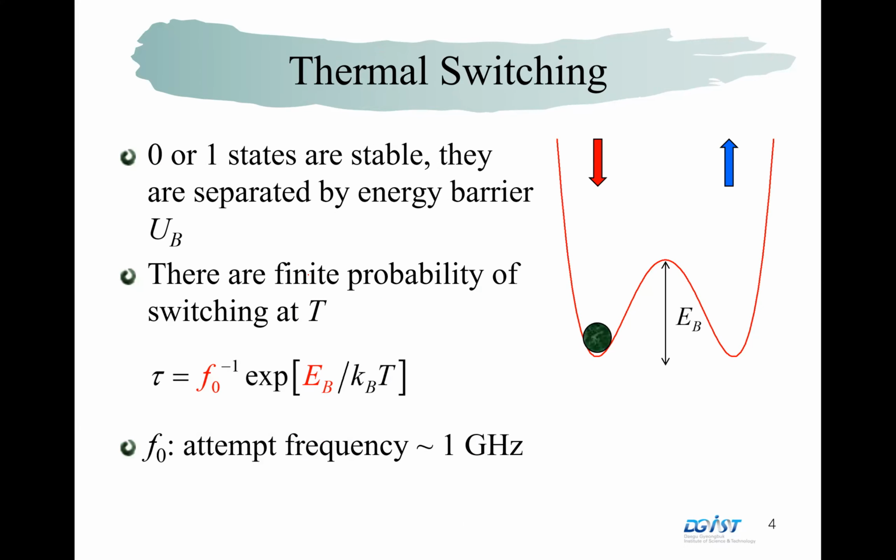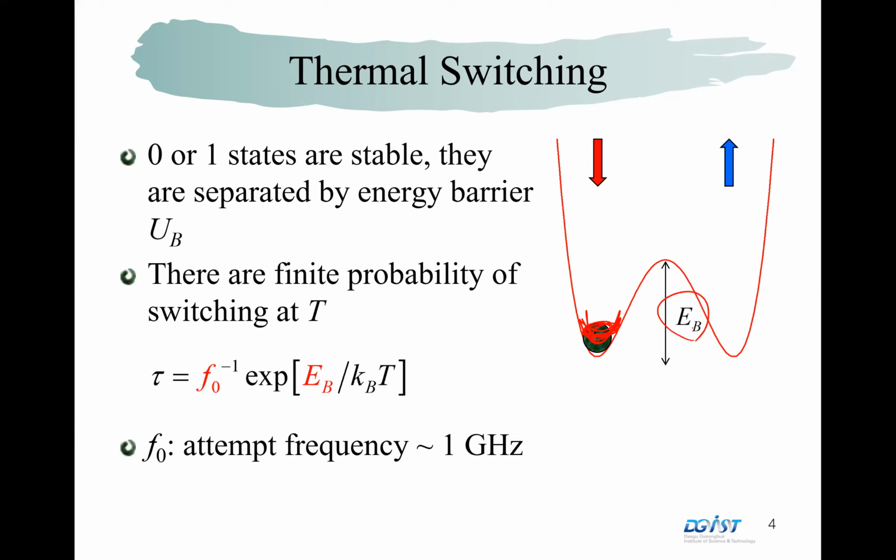So let's go back to the physics of the switching. We are talking about some kind of memory, especially digital memory, which means we have two stable energy states. In magnetism, we call this the spin up, spin down state. Without external magnetic field, usually they have the same energy. It's a kind of local energy minimum. So even though there is some thermal agitation, they are moving around this ground state and vibrate around here with a certain frequency.